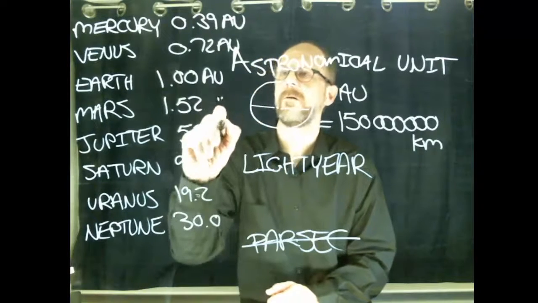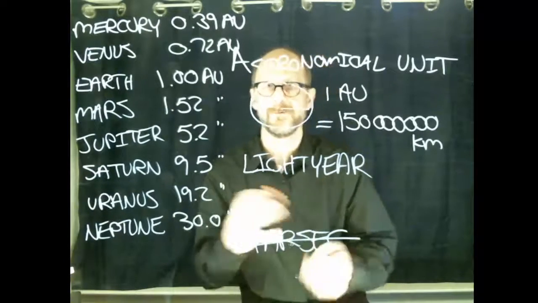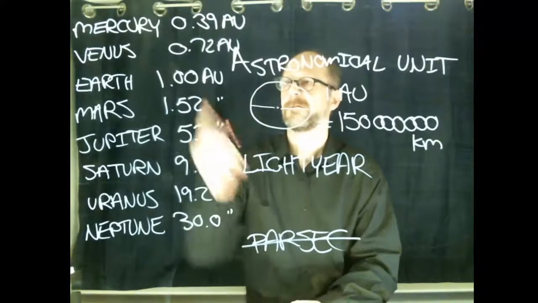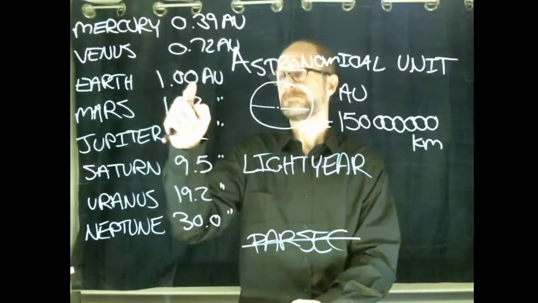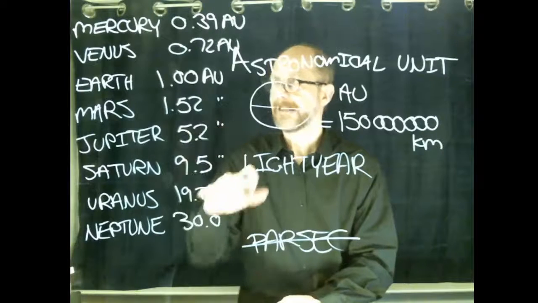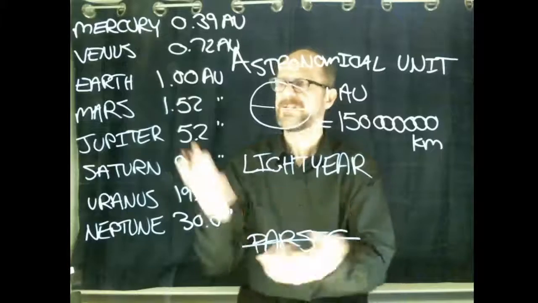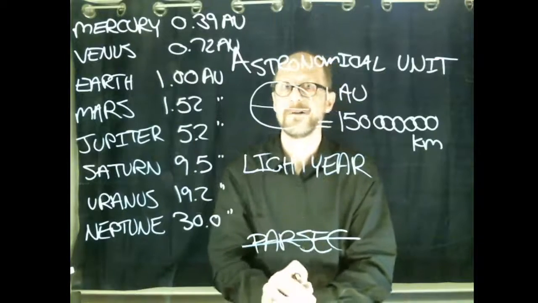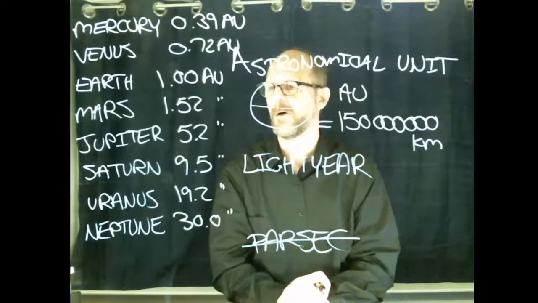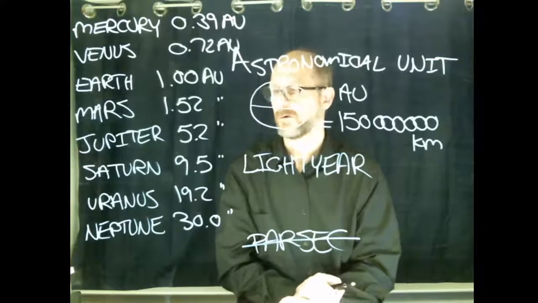And these are all in astronomical units, or AU, we'll say, for shorthand. And so these are the average distances of these planets from the Sun, measured in astronomical units. And you can just see then that this is just a convenient yardstick. I will often say a yardstick used for measuring distances within the solar system.